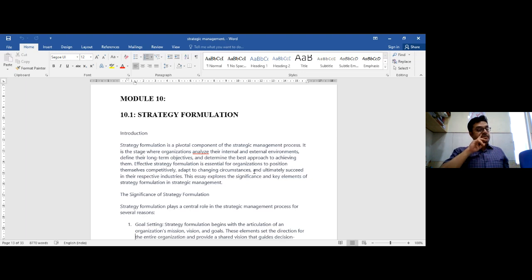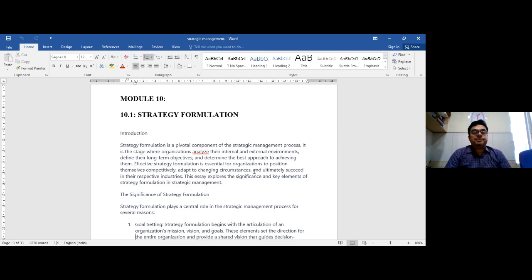Now, strategy formulation would also involve strategic choice, because any company, if it has to formulate a well-designed strategy, has to choose the most ideal one, because strategy formulation is a pivotal component of the strategic management process.